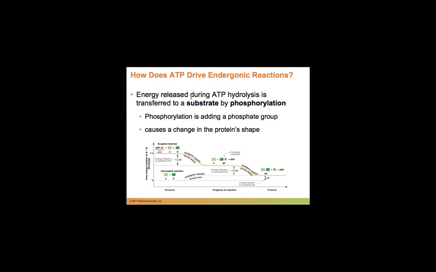Your energy release during ATP hydrolysis, when we cut off that phosphate, is going to get transferred to a substrate by phosphorylation. Phosphorylation just means we're adding a phosphate group. When you add a phosphate group to another molecule, or any group for that matter, you're going to change the protein shape, which may make it more reactive or less reactive, depending on the molecule itself.